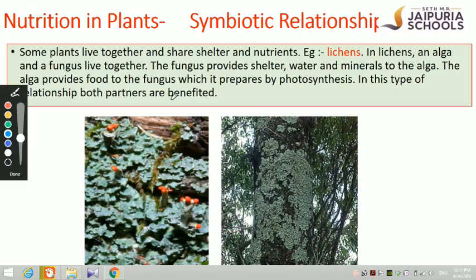Both the partners are benefited. The fungus helps the algae by providing shelter, water, minerals, and in return for its help, the algae produces food and shares it with the fungus.